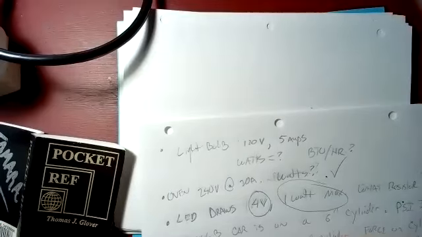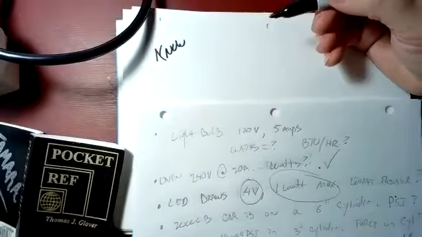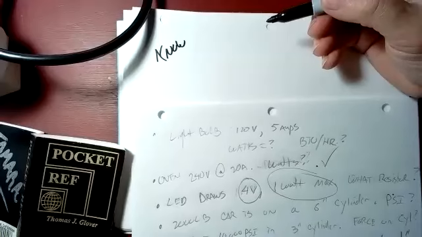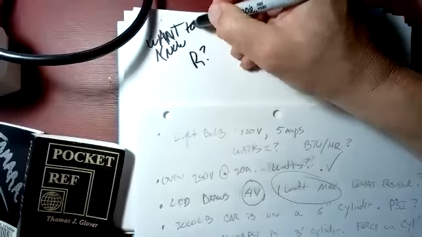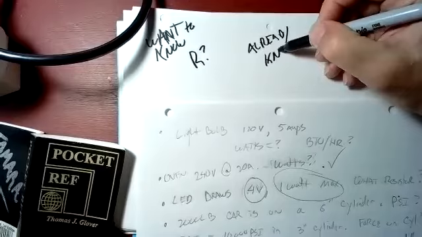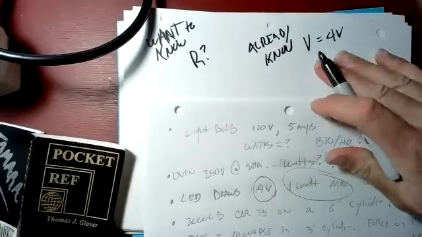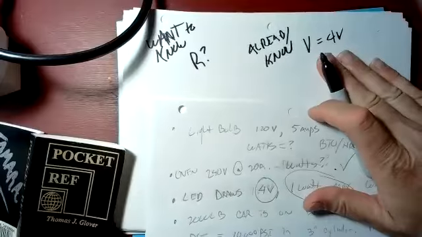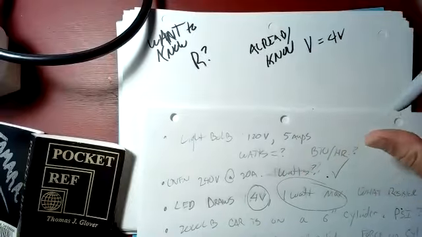So let's do this word problem thing. What do I want to know? Anybody? Resistance. The resistor, R. What do I already know? Power and voltage. I know my voltage is 4 volts. The actual way of calculating resistors means you're subtracting one voltage from another, and we're not going to do that.